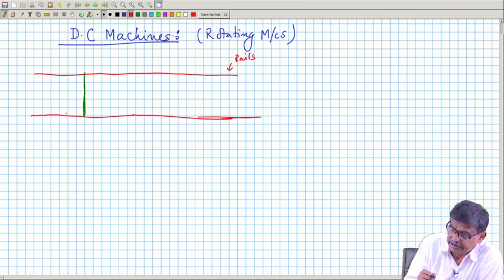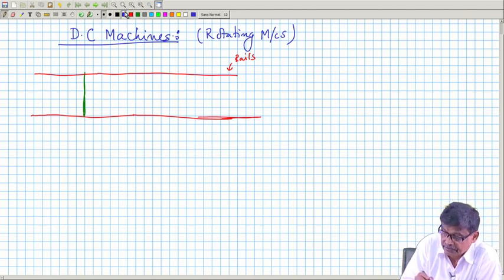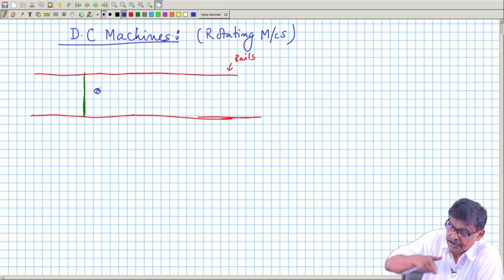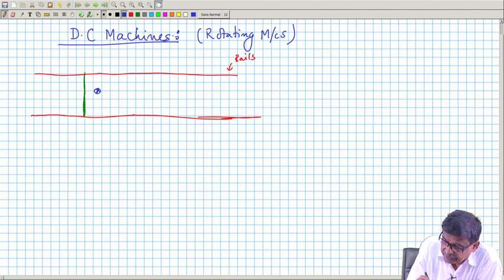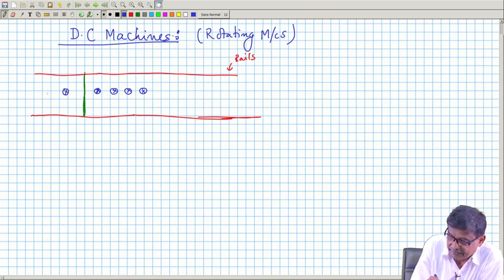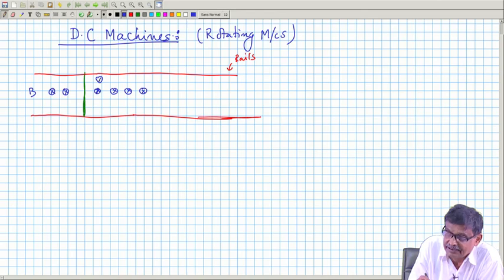Now, if that be the case, then the direction of B I must show as a cross from top to bottom. So, it will be say cross B. The B direction is all along this whole length, and also along the breadth.